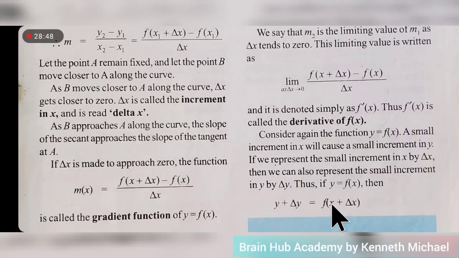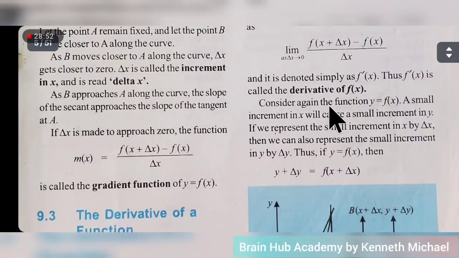Now let us consider again the function y equals f of s. A small increment in s will cause a small increment in y. That is what it means. So if we represent the small increment in s by delta s, then we can also represent the small increment in y by delta y.